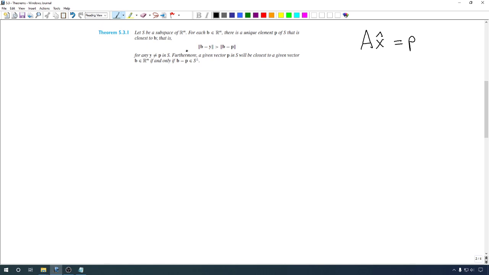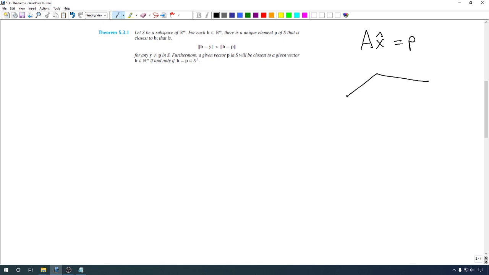It's basically saying that if we have a subspace of R^m, for any other vector b that's not in our subspace, there is a unique p in that subspace that is the closest possible to b. And in fact, this is the unique p that makes b minus p be in the orthogonal complement of S. And to put this in easier terms, what this is really allowing us to do is drop a perpendicular from a point onto the subspace.